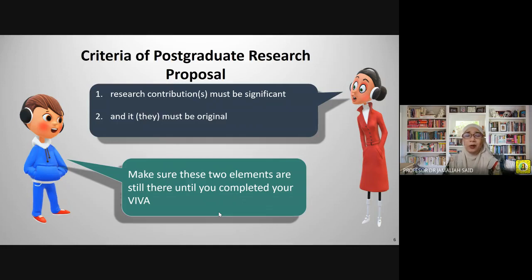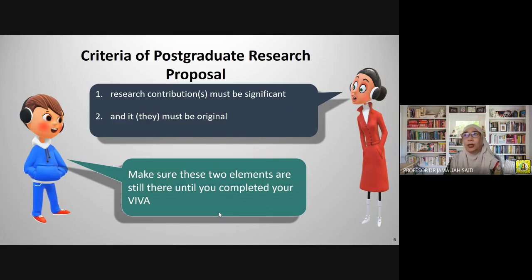What do I mean by original? Original means there is involvement of data collection. You can collect data through interviews if you are doing qualitative research, or you can collect data using questionnaire distribution, or you may just get the data from a secondary data source, an annual report, or any public report.